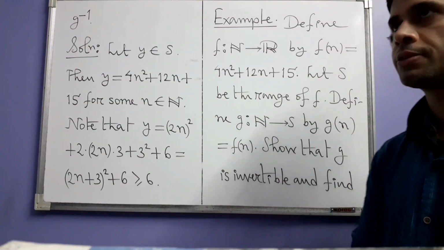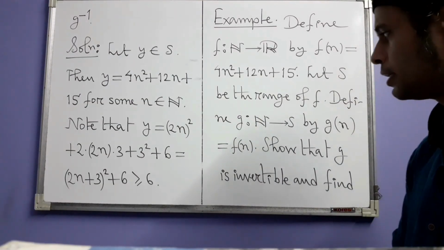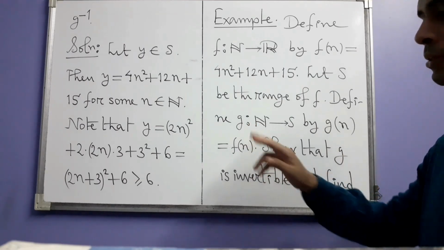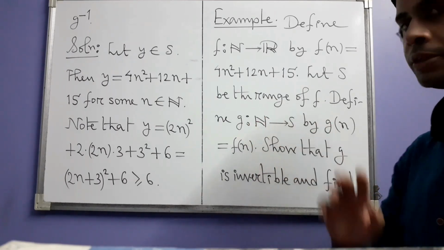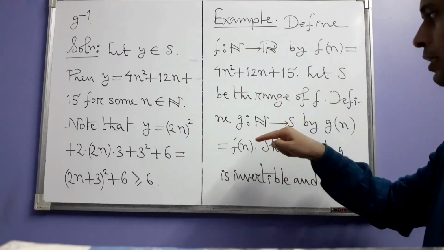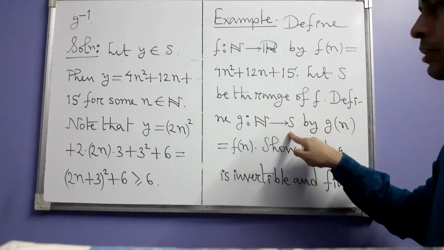So we start the solution by looking at any element in S, because our aim is to find a function for the given function g, such that the codomain of that function is N and the domain is S.